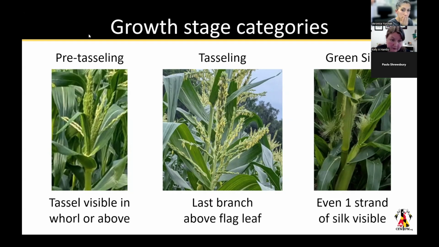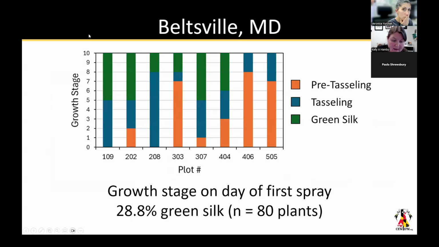And we went through the field and we looked at 10 plants in multiple locations and plots. So here on the y-axis is the growth stage, as I just showed you: pre-tasseling is in orange, tasseling is in blue, and green silk is in green, and the number of the 10 plants in each of those locations. And then these are the different plots.